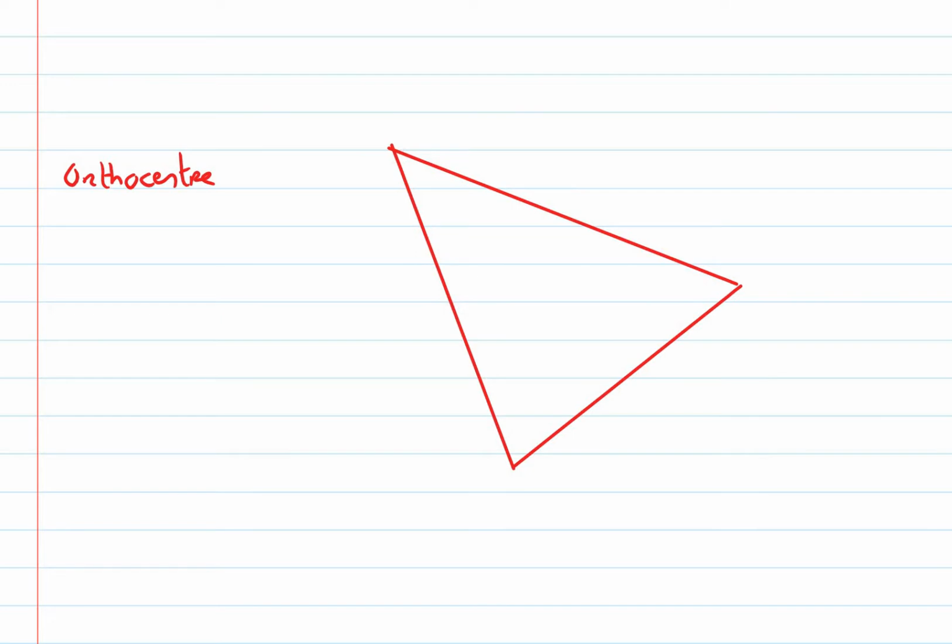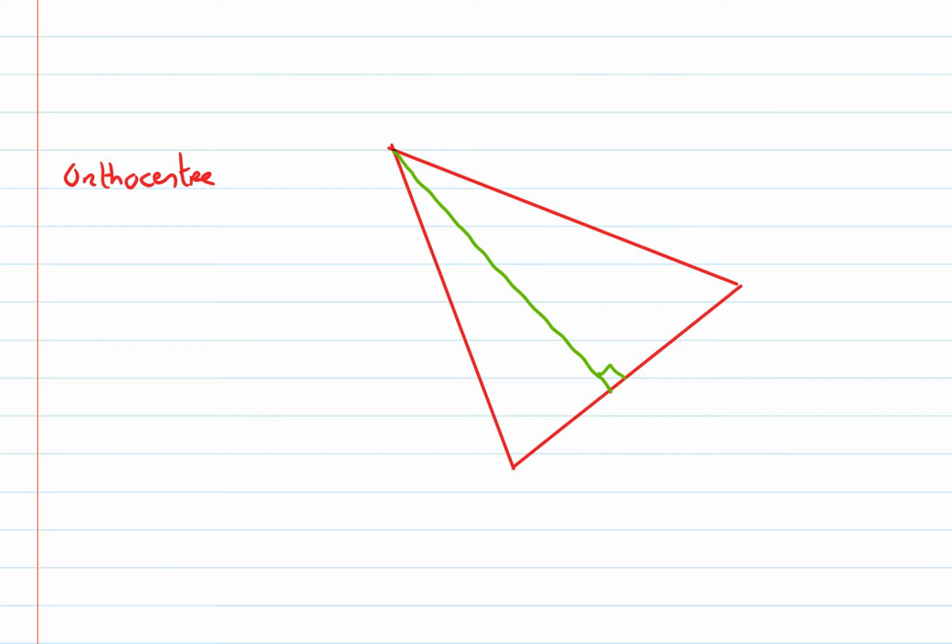And the last one then is the orthocenter. The orthocenter is found if I draw a line from a vertex perpendicular to its opposite side. So for example, that's not it. I need to draw a line from the vertex which is perpendicular to the opposite side.